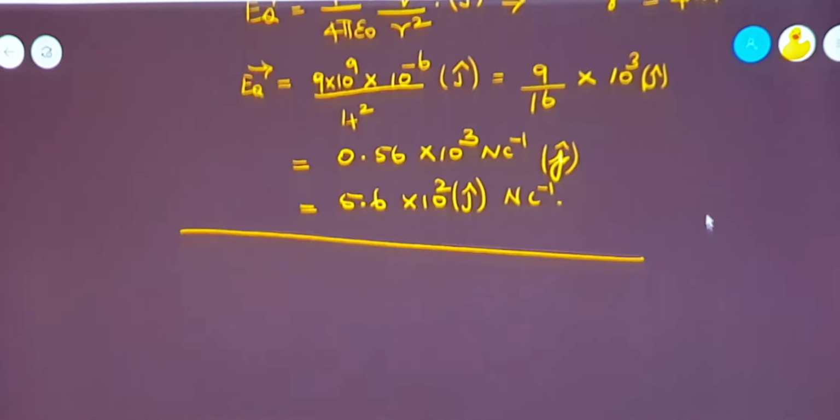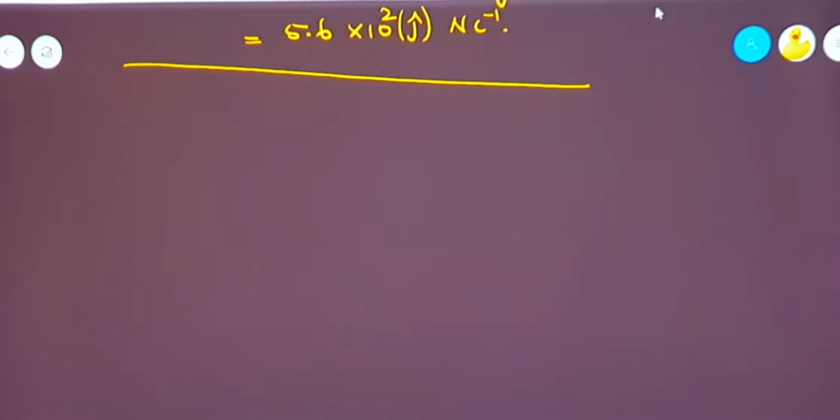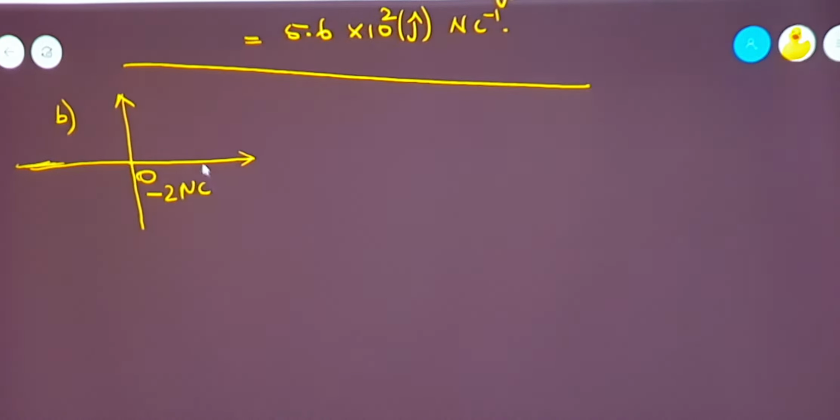Similarly, let us go for the subdivision B. What is the subdivision B? What they have given? In the diagram, at the origin, you have the charge minus 2 microcoulomb.